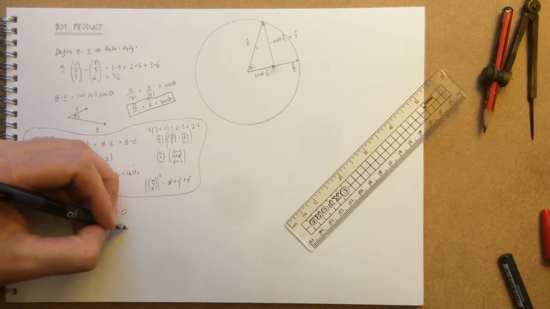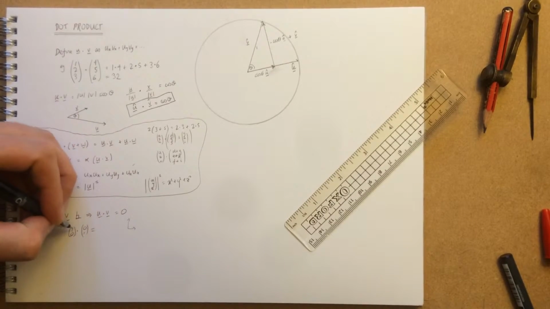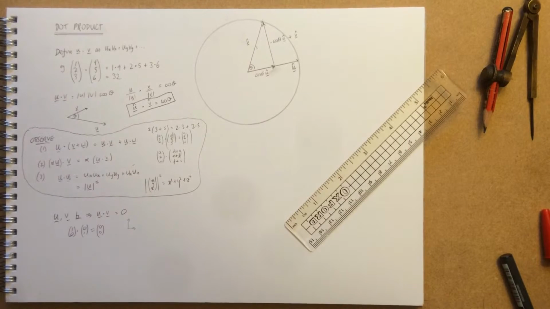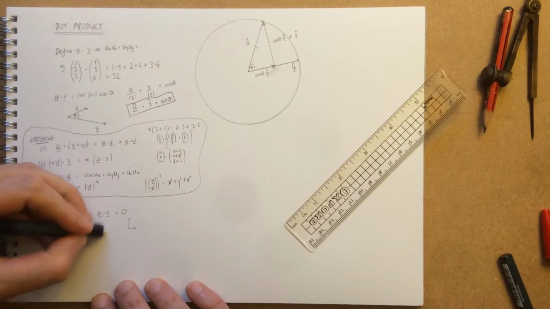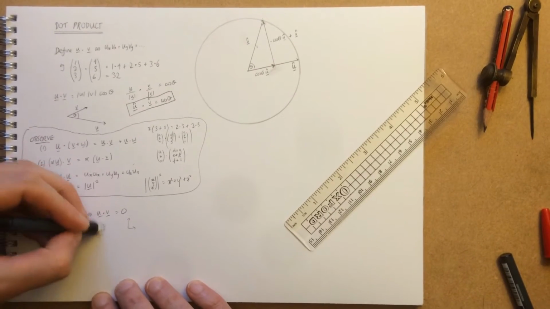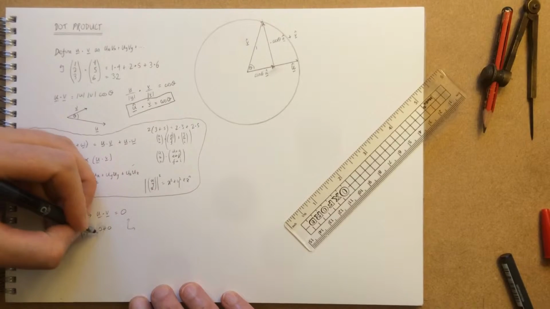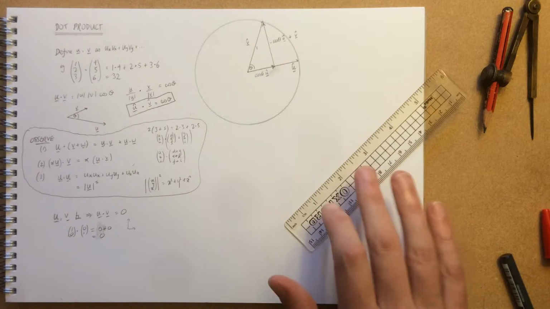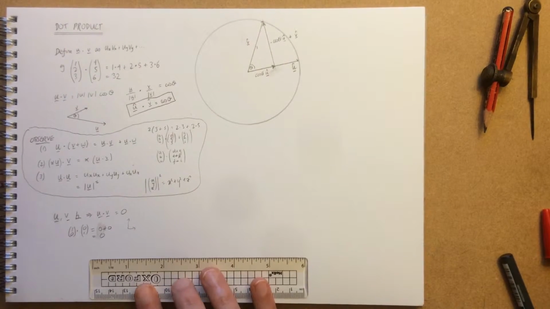There's 1, 0, there's 0, 1. You dot them together, you get 0 plus 0 equals 0. Okay, so looks like we should be using Pythagoras for this.